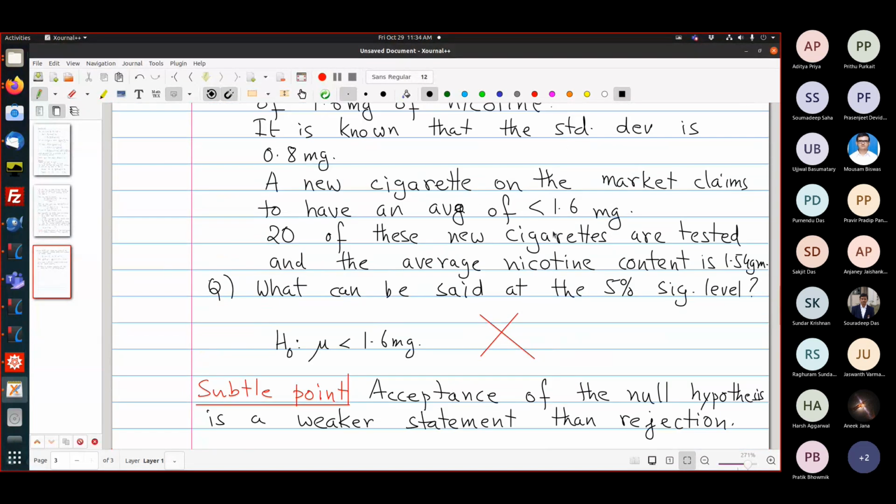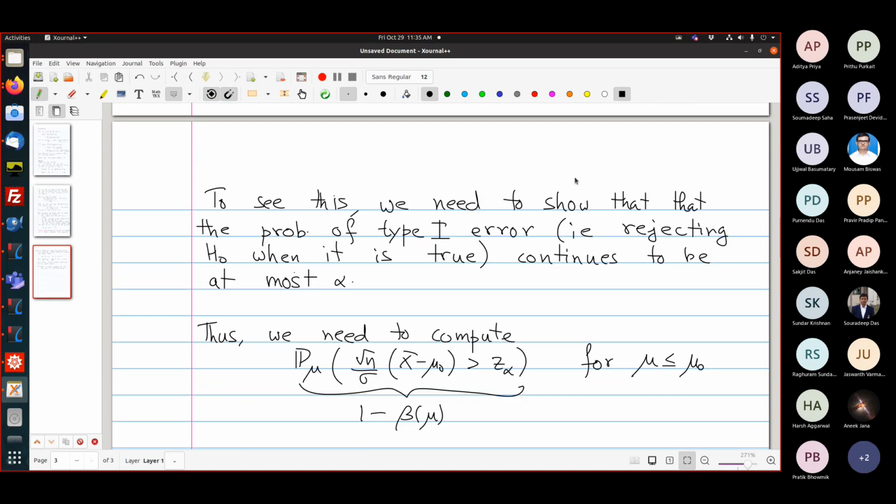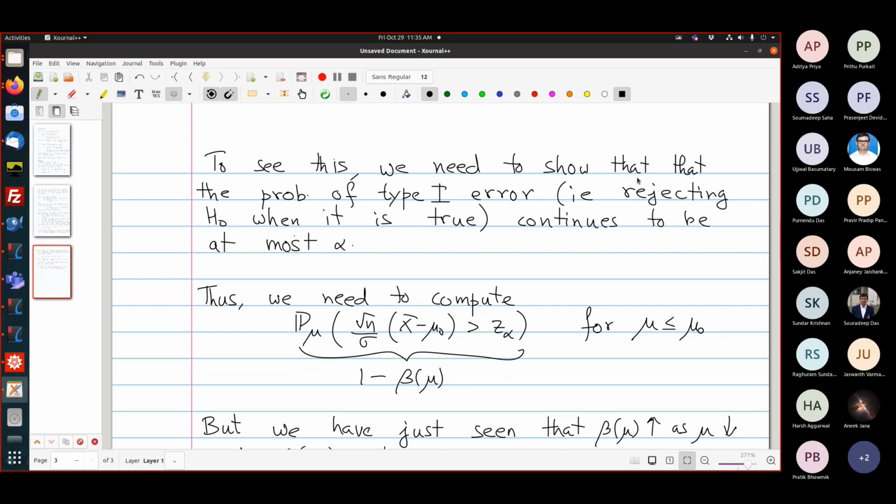Right? So I should also say that this is the opposite of the one-sided test that we have described, but it's of course easy to see how one would do this.